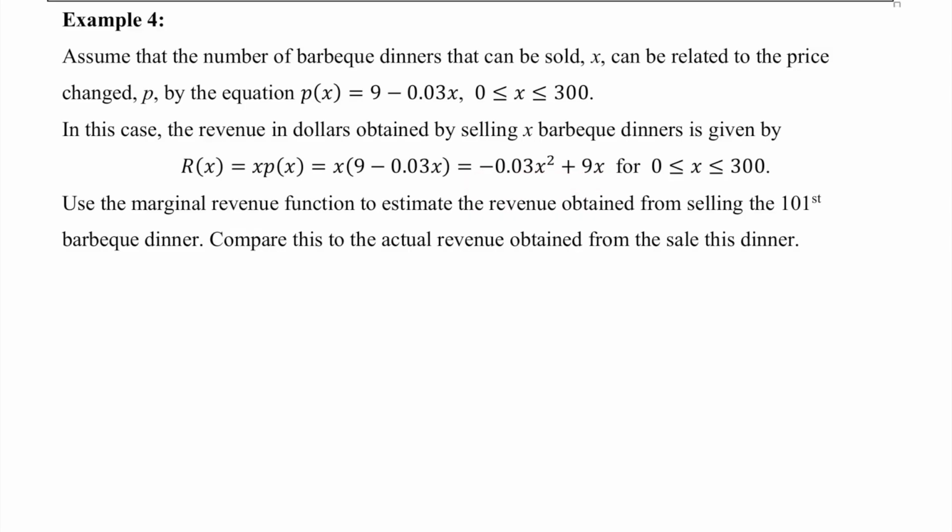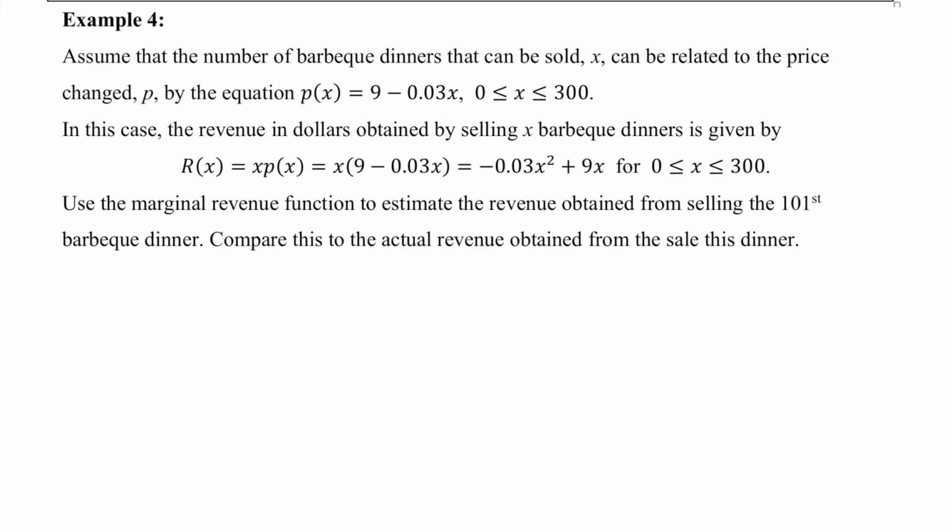Now, let's look carefully at what the question is asking. The problem says, use the marginal revenue function to estimate the revenue obtained from selling the 101st barbecue dinner. Then, compare the estimate to the actual revenue obtained from selling that dinner.